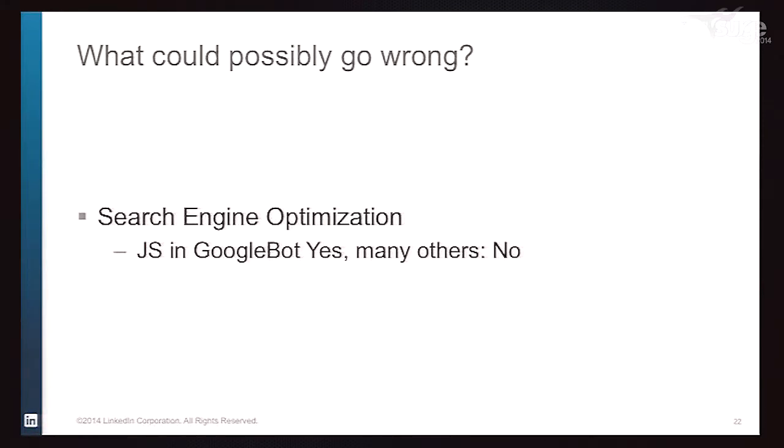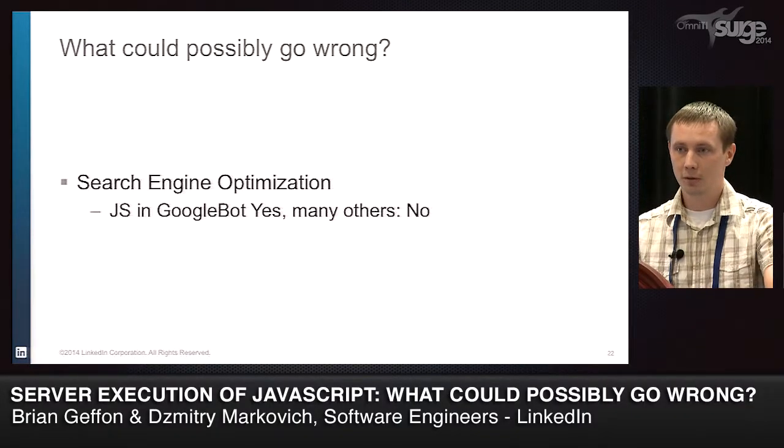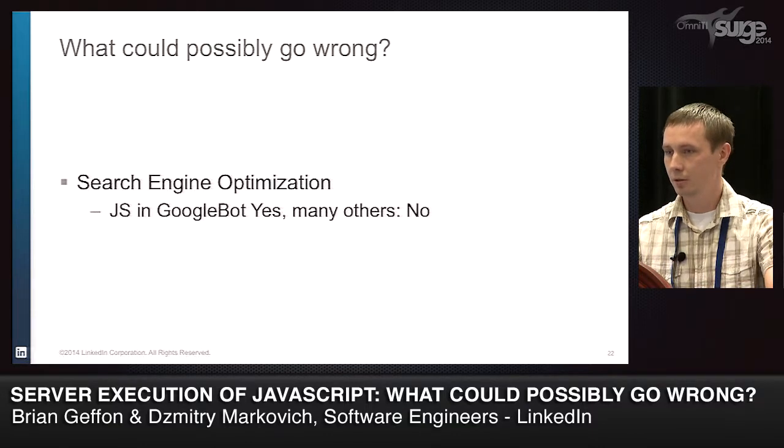So one other thing with client-side rendering is that one of the valuable points of our traffic is SEO, like search engine optimization: Google, Bing, Yahoo bots, and all the different bots that index our pages. And not all of them do that well with JavaScript.